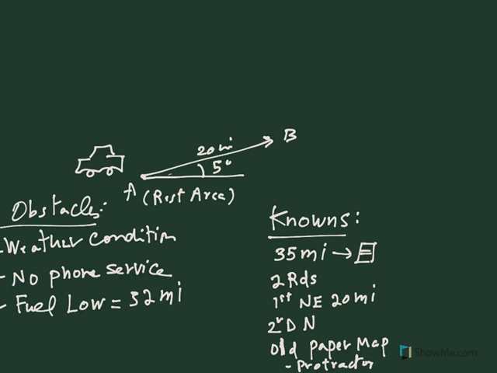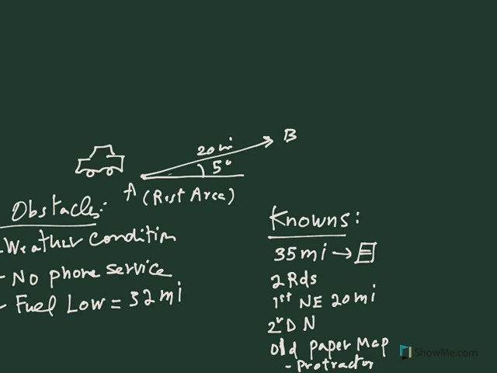Now he tried to find the second road on that old paper map, but he doesn't find it. That road is not shown, and because at the beginning he noticed there is road construction and new pavement, he assumed it's a new road, so that's why it's not shown on the old paper map.